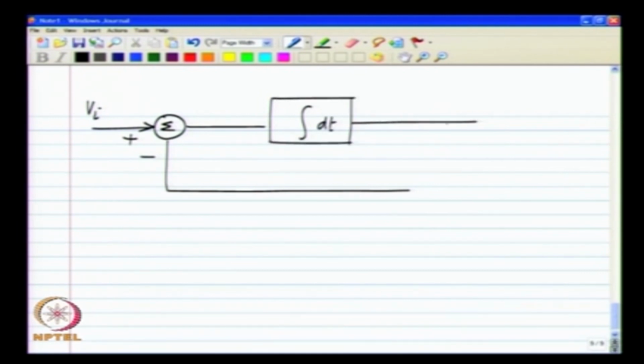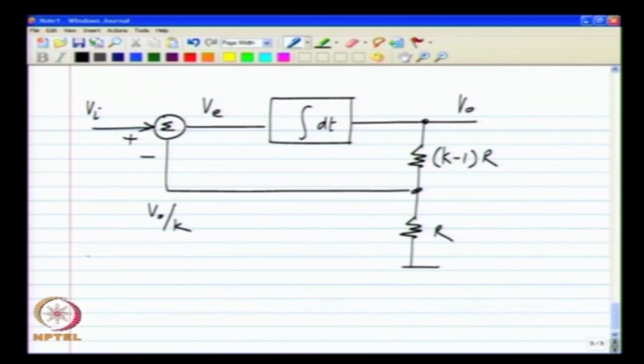This is the integrator, and we have the voltage divider here, and I will denote this error by VE. And now we need to make the definitions more precise.